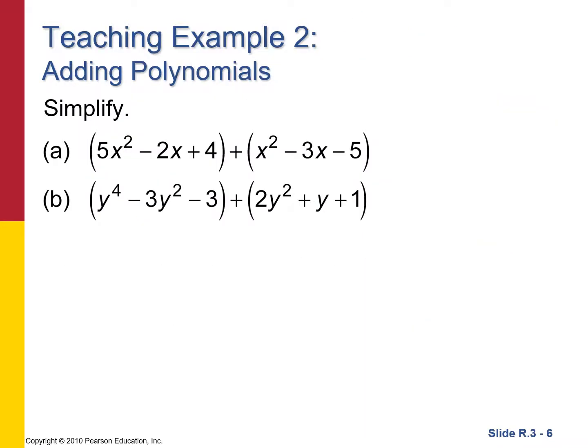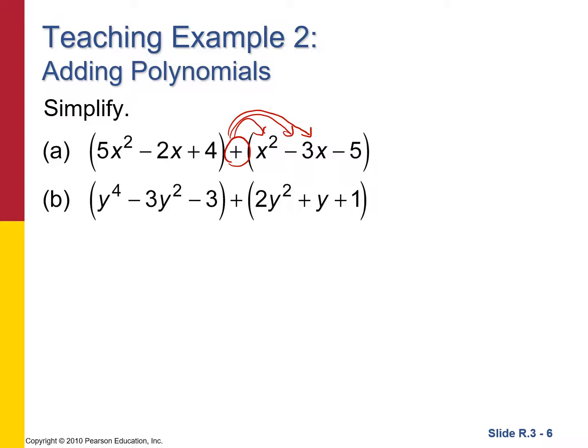So let's take a look at teaching example number 2. Now this looks a little complicated, but you just have to remember to distribute this plus across, all the way across. And so let's rewrite this whole problem.